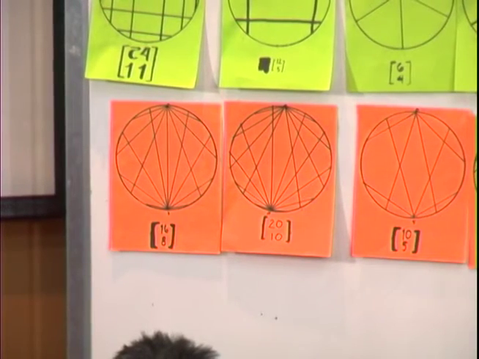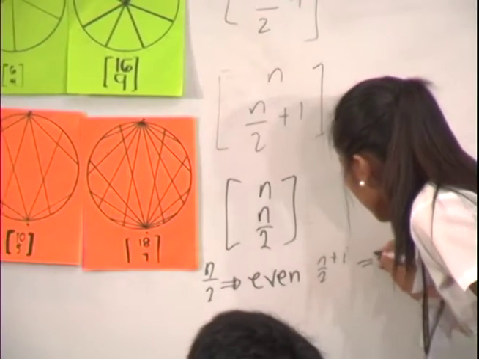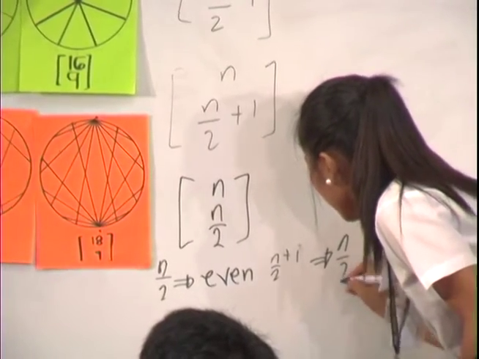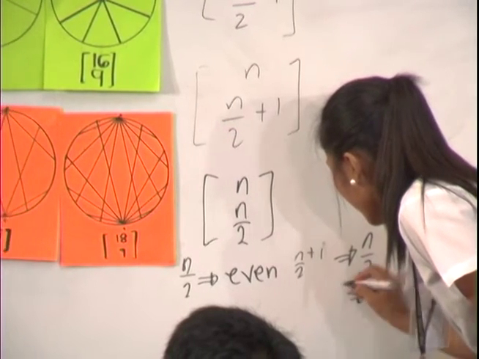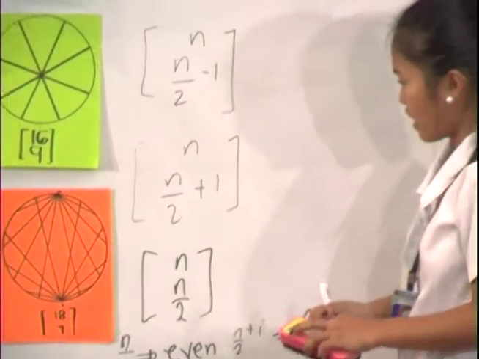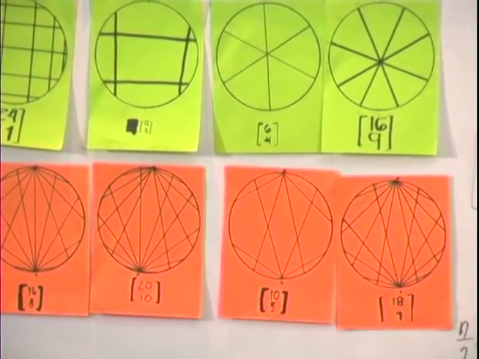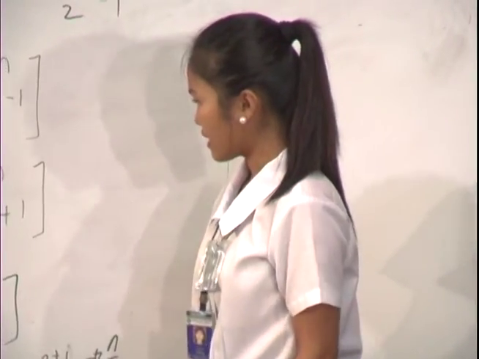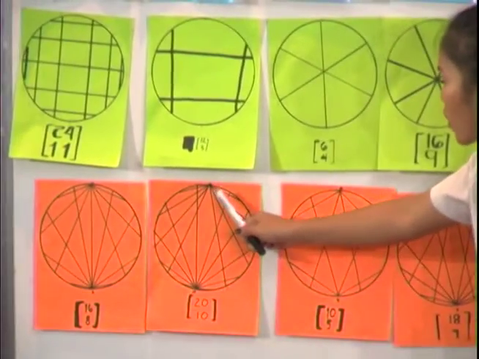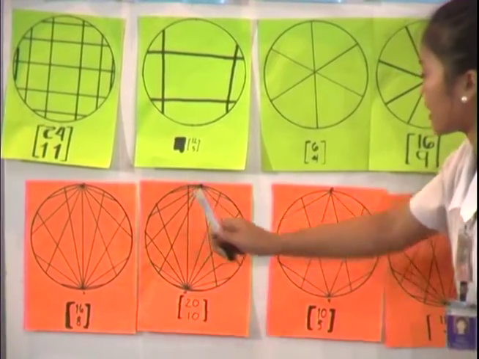And coming from point 0, n over 2 minus 1. So we have, in this example, when our n is 20 over 2 is 10 minus 1 is 9. So coming from point 0, 1, 2, 3, 4, 5, 6, 7, 8, 9.